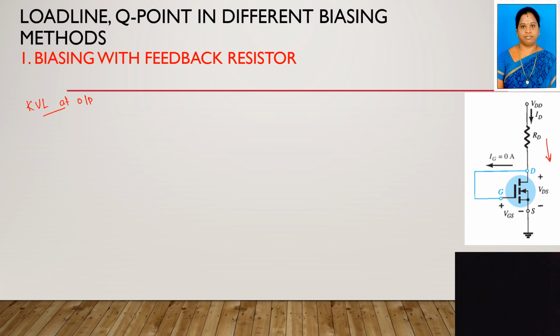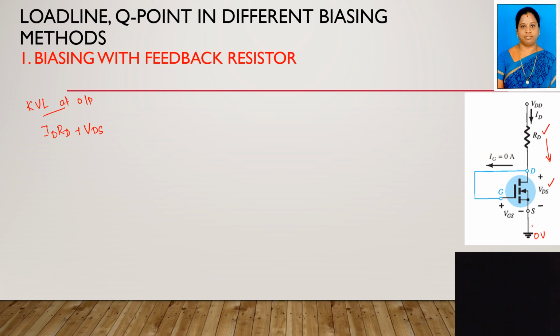So if you are applying the KVL at the output side, see here the current flowing through RD is ID. So the voltage drop across RD is nothing but ID into RD. Next you have the voltage between drain and source, VDS, so you have to add plus VDS. Then it is ground. Ground means 0 voltage, right? Again the circuit will be closing up to here.